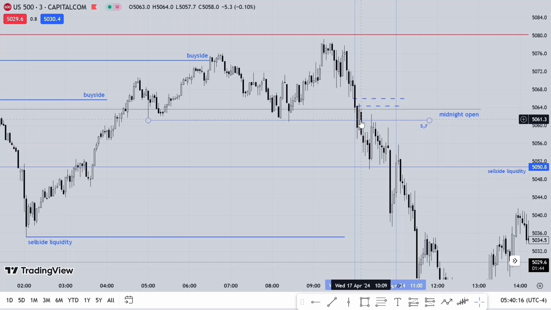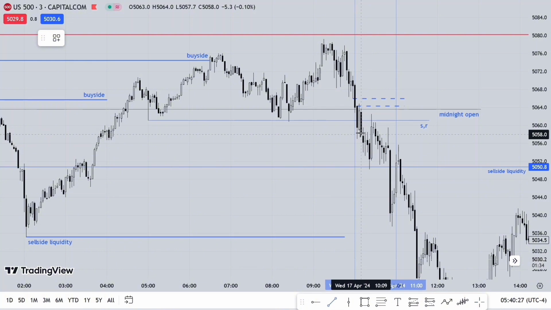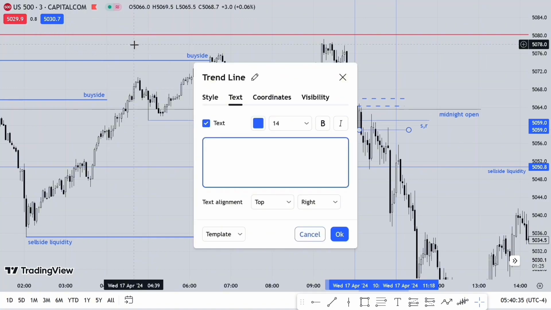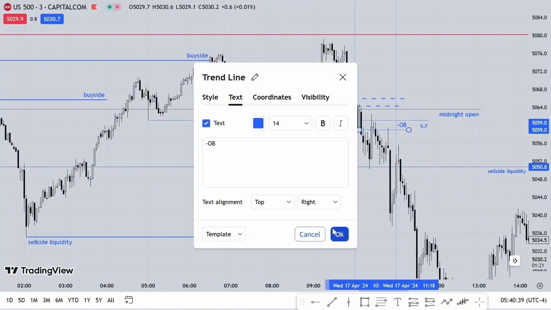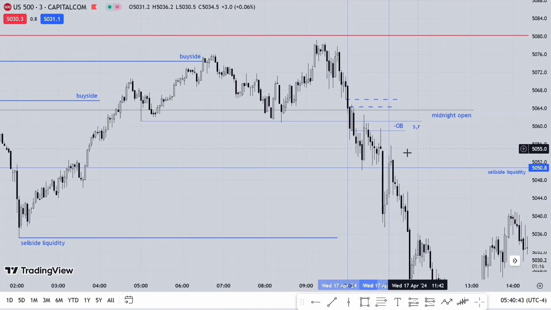So this makes this up close candle here the bearish order block for this body of price action. So this right here is the bearish order block.